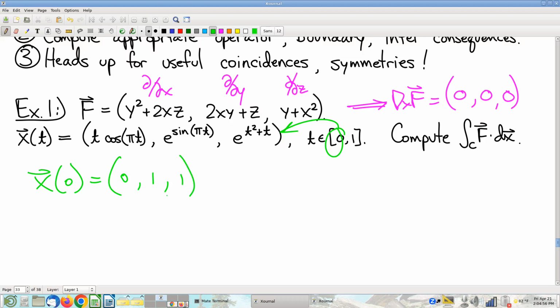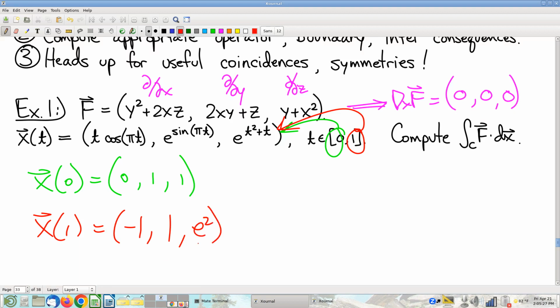Don't trust my arithmetic, by the way. I'm error prone on arithmetic. Let's see. Now we will plug in 1 into here. Sorry. And we get x of 1 is, let's see here, negative 1, comma, e to the 0 is 1, comma, and then e squared.